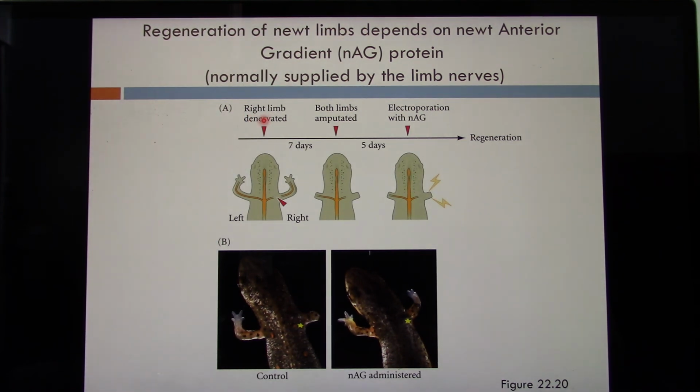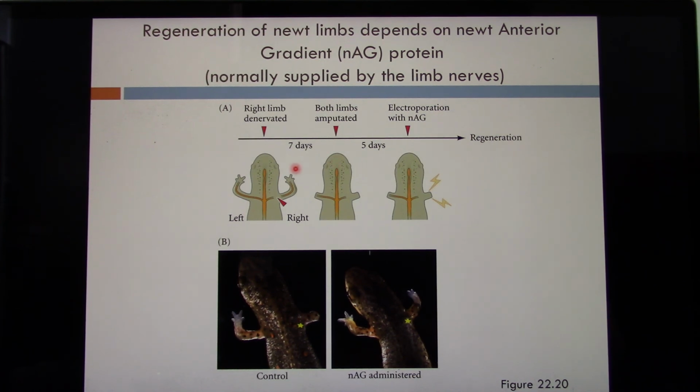So they took a newt and they cut both its arms off. And on one of them, they also removed the nerve. And you can see here in the control panel that the left arm was regenerated and the right arm was not. And the star indicates where the nerve ends, that they pared it back to that portion.